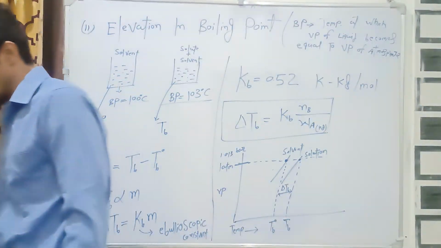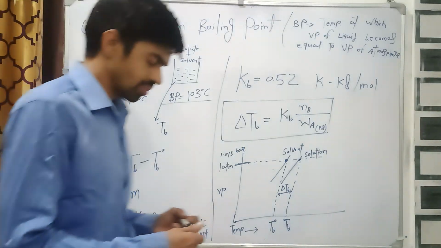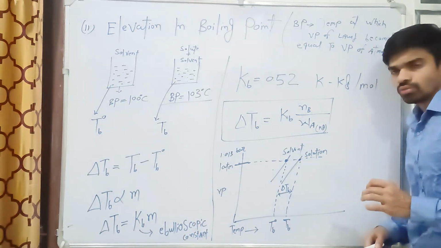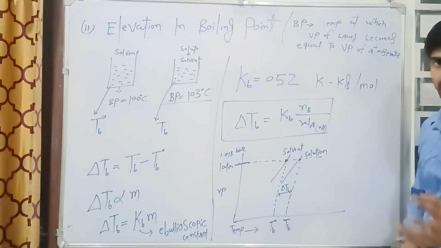So when the liquid's vapor pressure becomes equal to the vapor pressure of atmosphere, at that particular temperature is called the boiling point of that liquid.